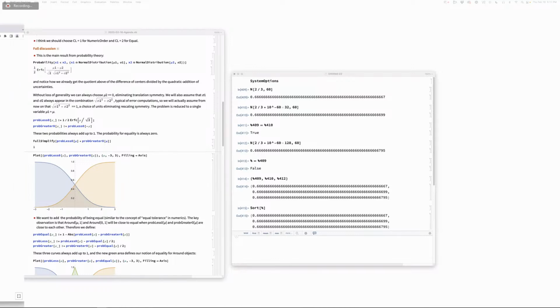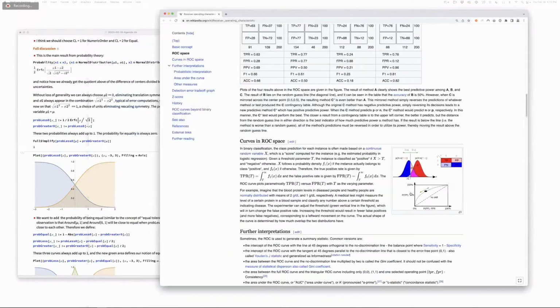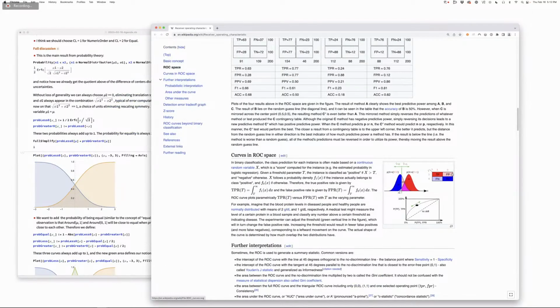The thing that's interesting here in these curves is the false positive rate, false negative rate, true positive, true negative. That's a way of characterizing, if you've got these two distributions, the criterion.